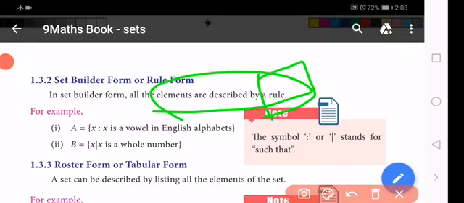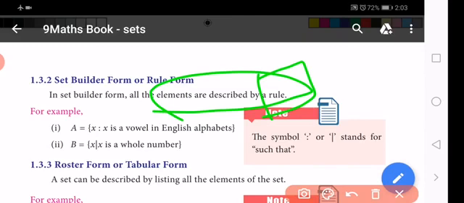Here, rule means a common property for all the elements. We mention the common property of all the elements within set notation, and this is called the set builder or rule form.